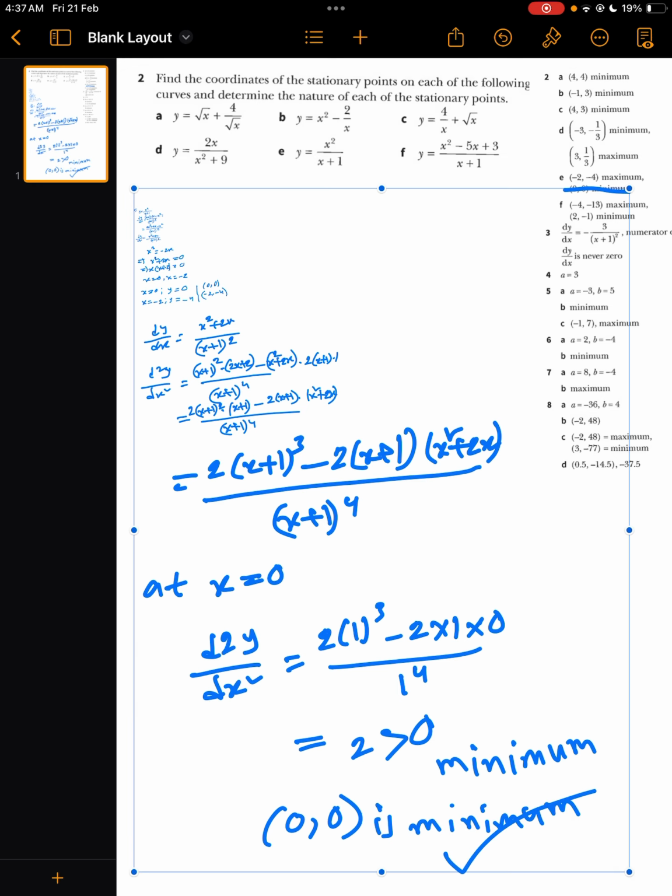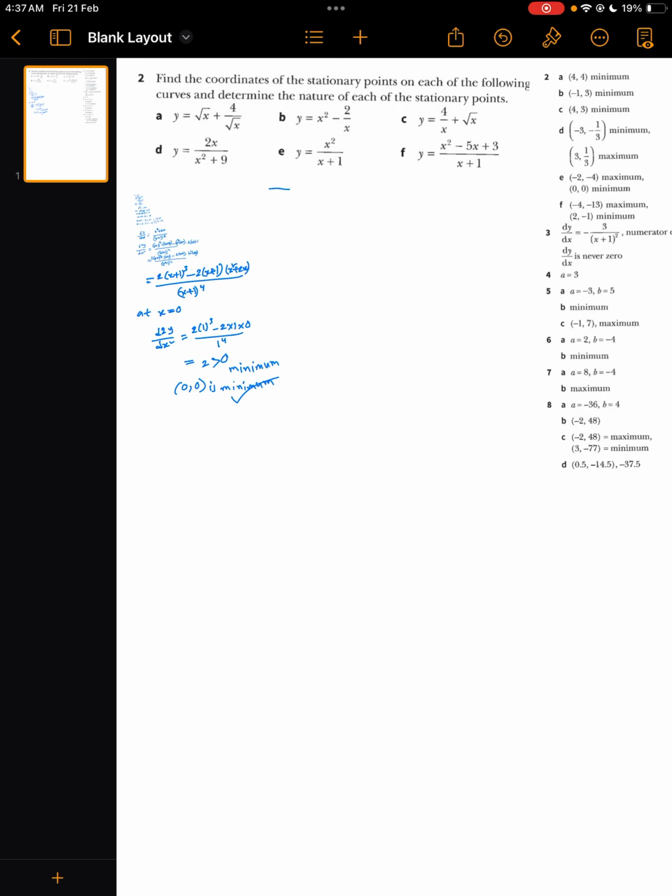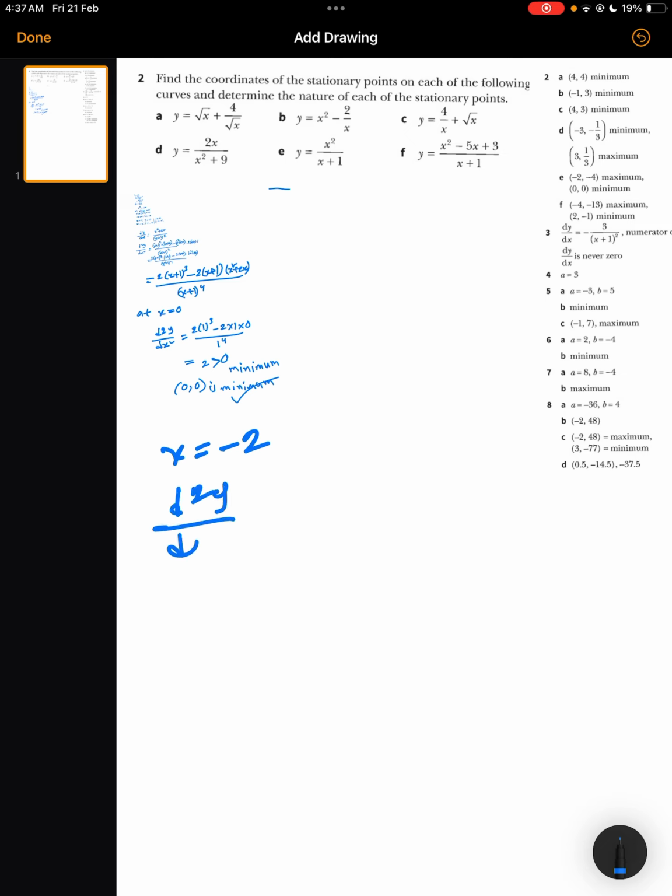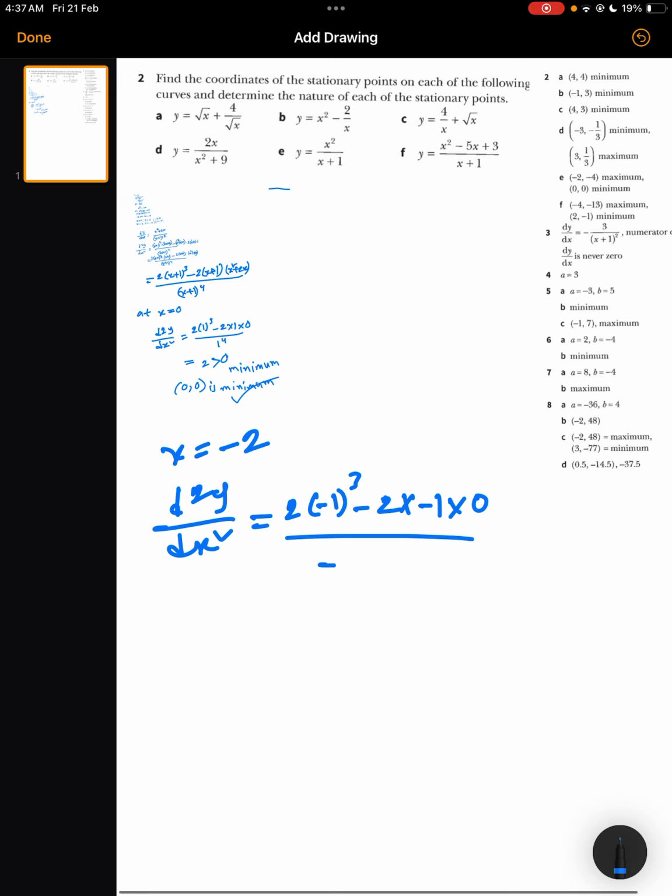And the next one is maximum. When x is equal to negative 2: 2 times negative 1 to the power cube, minus 2 times negative 1 times 0, over negative 1 to the power 4.